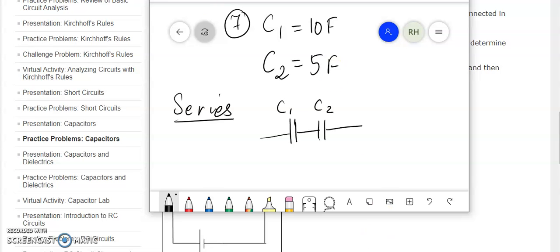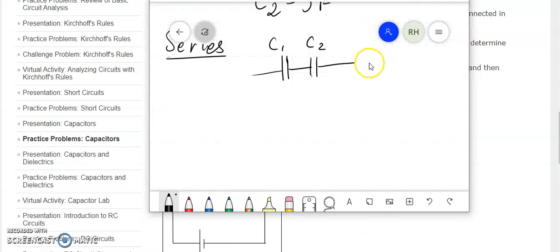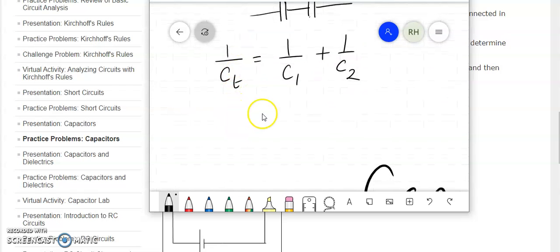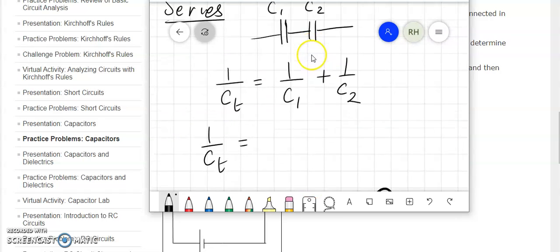Now what is the formula to calculate capacitance in series? 1 divided by C total is equal to 1 divided by C1 plus 1 divided by C2. So just apply the values, which are 10 and 5.